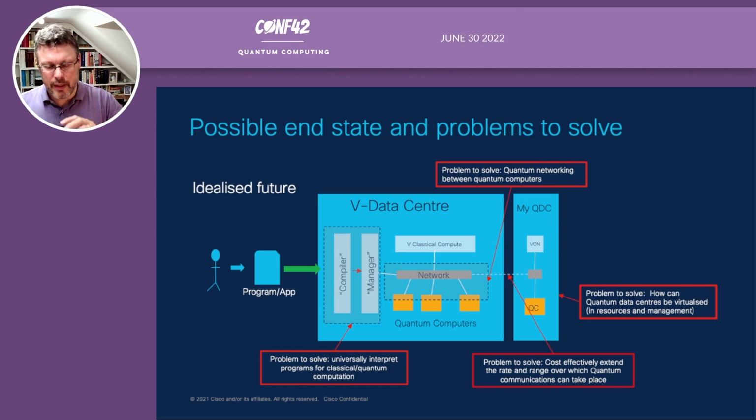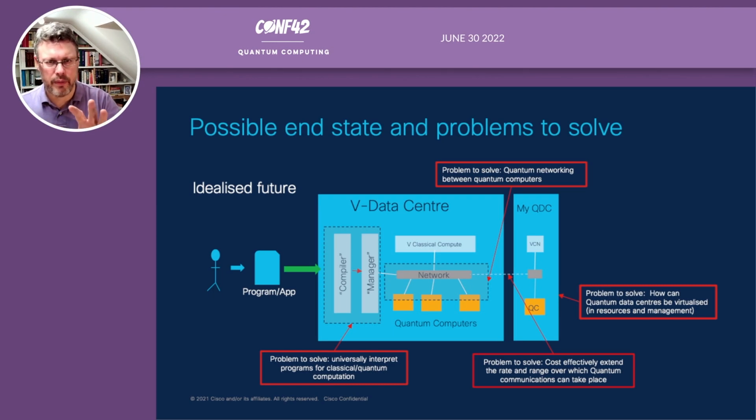The final one is, and I think a lot of these things are going to employ my colleagues for a very long time, the final problem that's left here is how can quantum data centers be virtualized in terms of resource and the management of those resources.